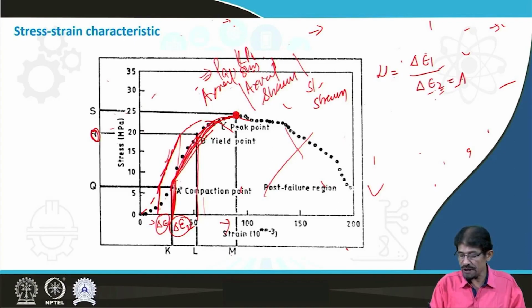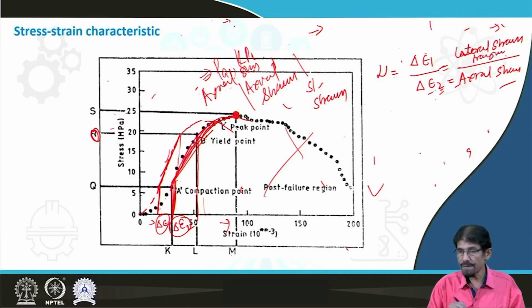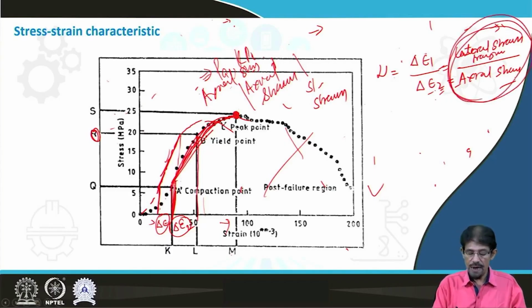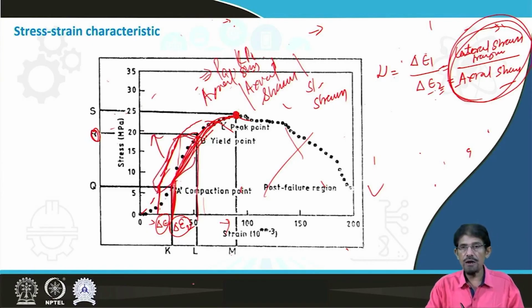This is the axial strain and this is the lateral strain or transverse strain. So it is the ratio of the lateral strain and axial strain, but measured within this region of elasticity or within the limit of the elastic region.